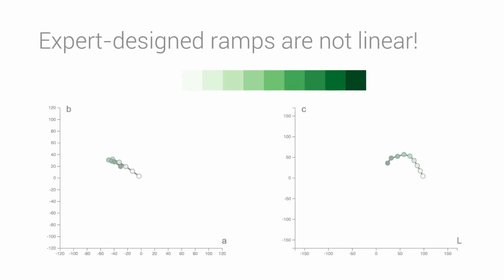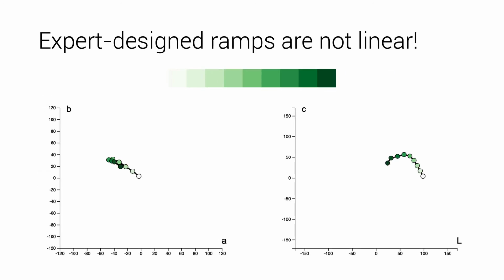It turns out that in practice, expert design ramps are seldom linear, and they often have significant variations in terms of the distances between any adjacent pair of colors. So for example, here we have this ColorBrewer greens mapped on the left to our AB plane in CIELAB space, and on the right to our LC plane in CIE-LCH. And you can see that the shapes are not straight lines, and the distances between points actually often vary.